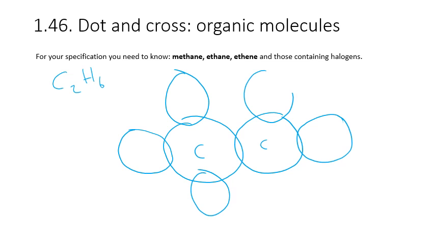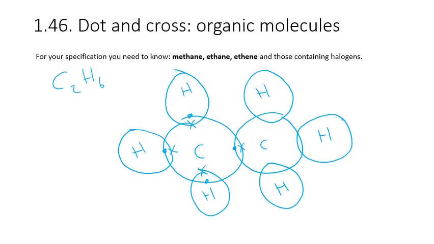So since we know that carbons can form 4 single bonds, what we're going to have is each carbon bonding 3 times to hydrogens and 1 time to the other carbon. So I'll show you each one. So you've got the single bond forming here, single bond forming here, single bond forming here, and the single bond forming here. Now if we count up the electrons for just these ones, we've got 2 for each hydrogen and we've got 8 for the carbon, which is correct.